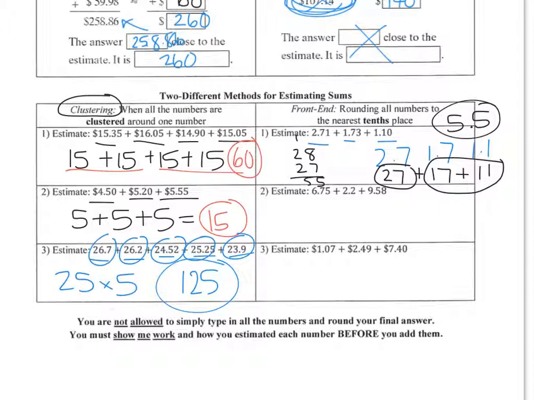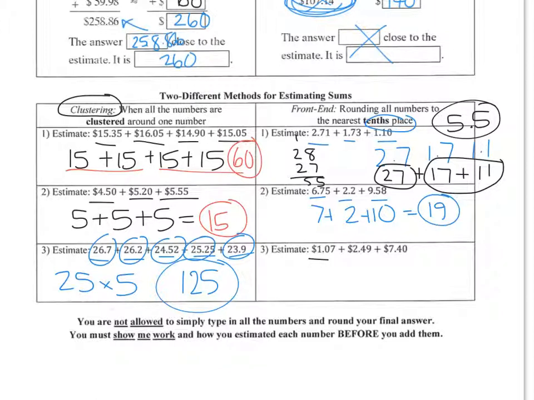Okay, and then I know it says round to the nearest tenth spot, but I'm just going to round. This is going to round to 7, 2, and let's put this up to 10. Remember, I'm estimating, so it's not exact. 7 plus 2 plus 10 is 19. And you might have a little bit different rounding.